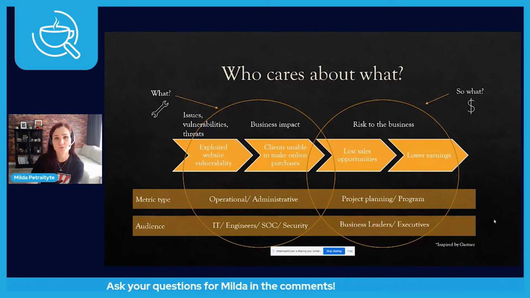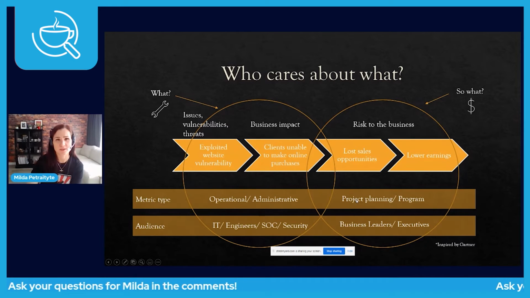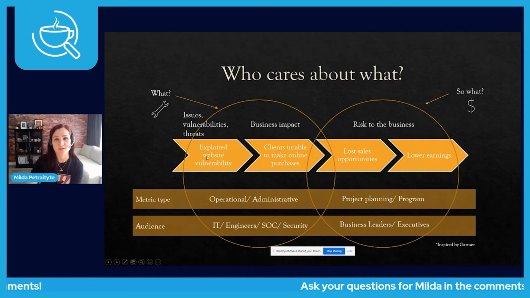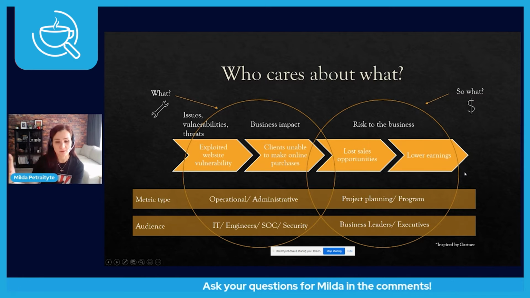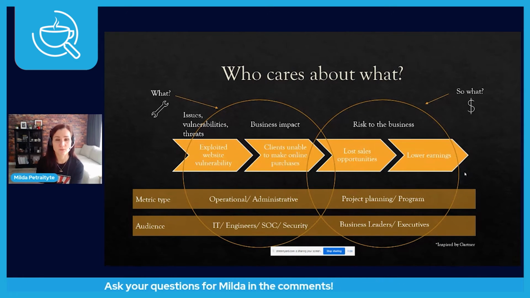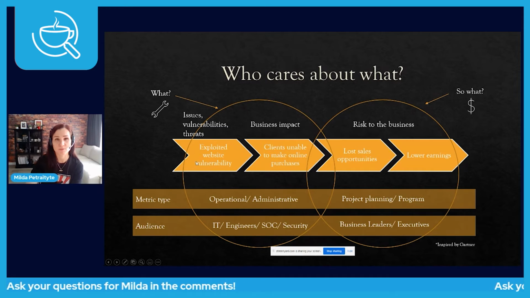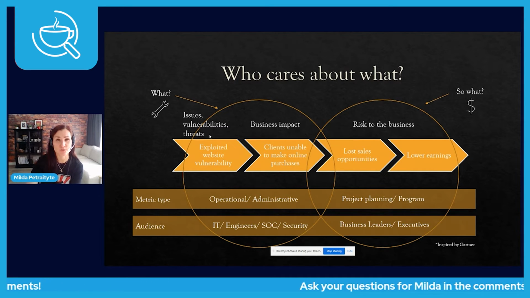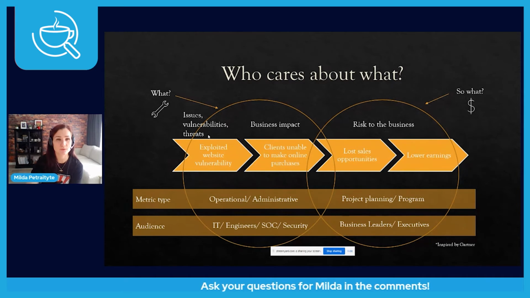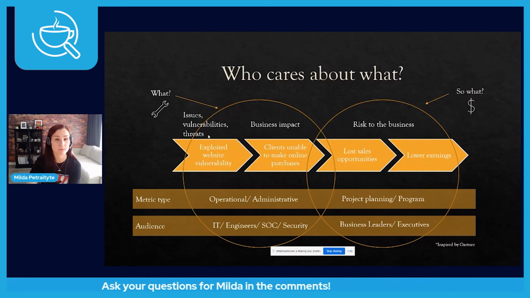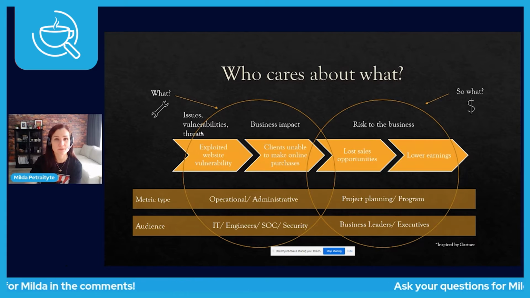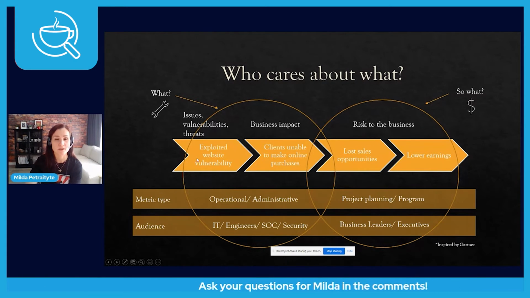If we speak about the context, you can see on the lowest level, we speak about technical details, and some sort of issues and vulnerabilities and threats that we have. So coming back to the same example, the vulnerability on a website. This is just the lowest level detail that we understand.